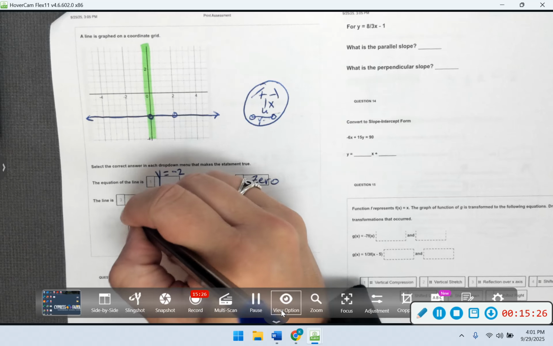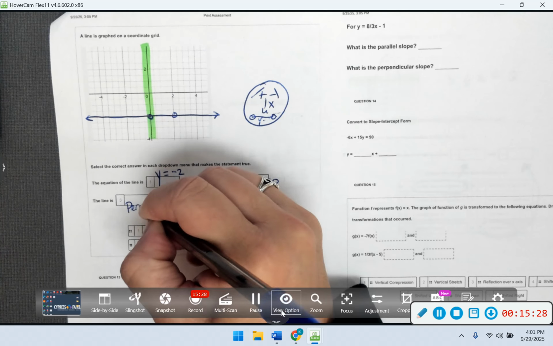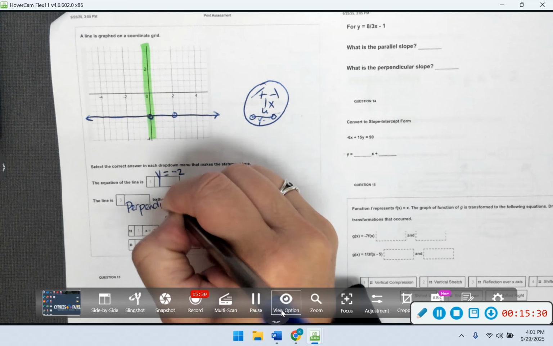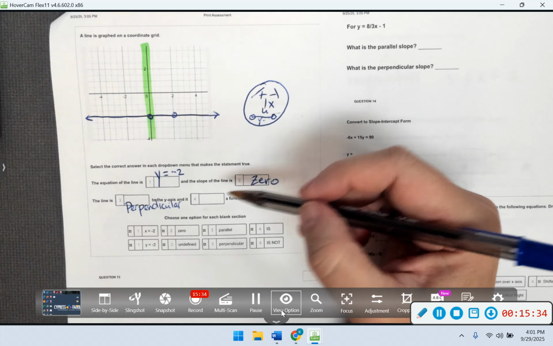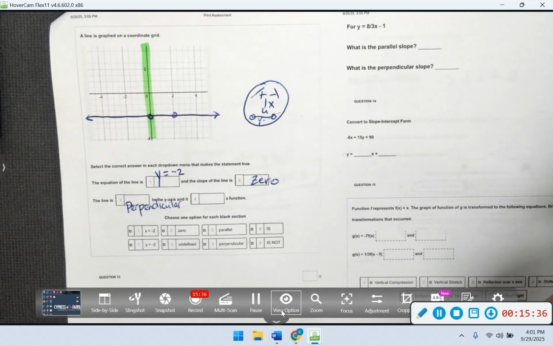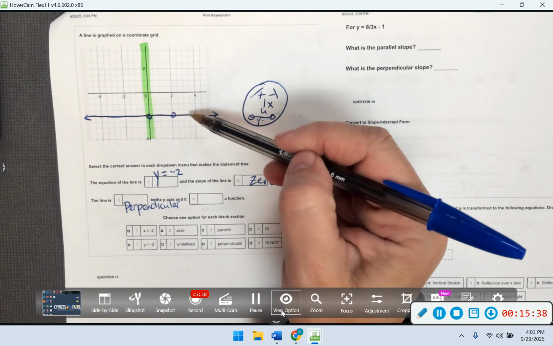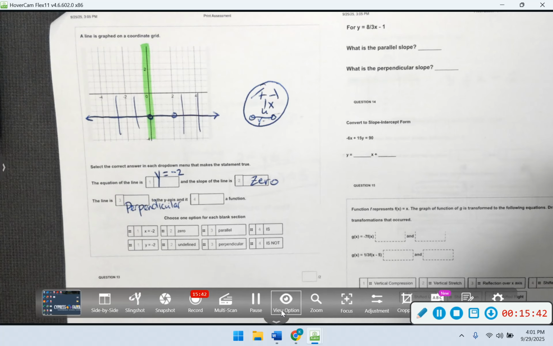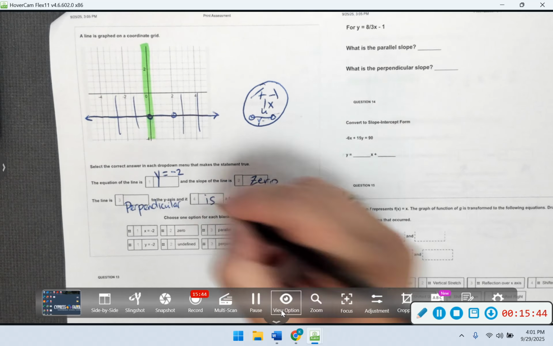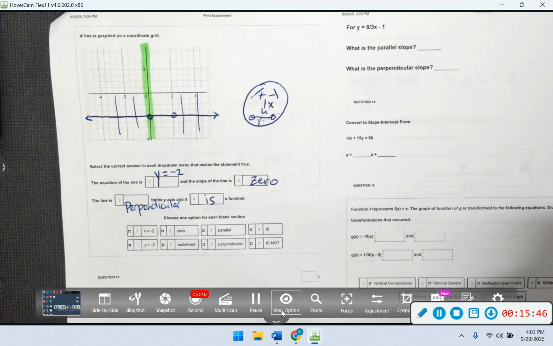So this is going to be perpendicular. Right? And it is a function. None of these x's repeat. If I do the vertical line test, it will never intersect more than once. So it is a function. Okay?